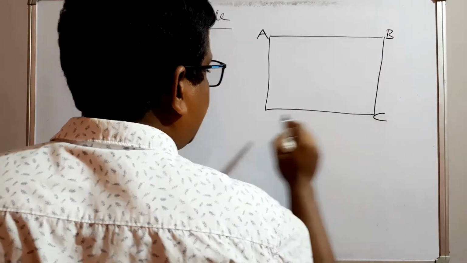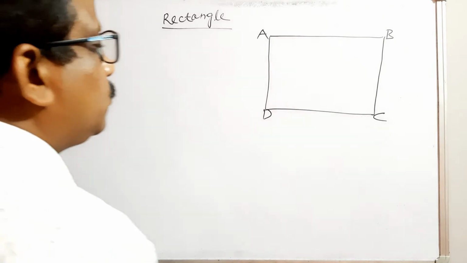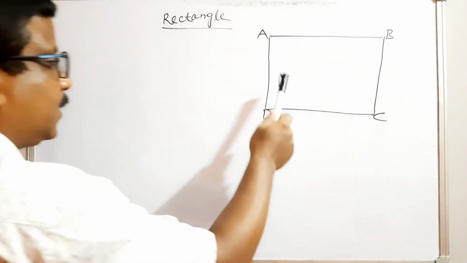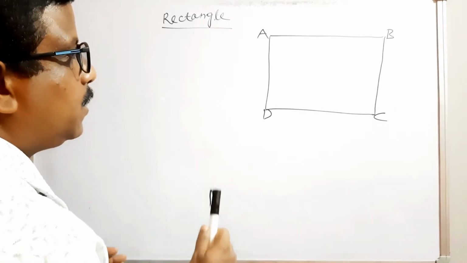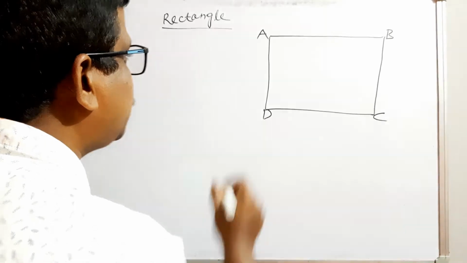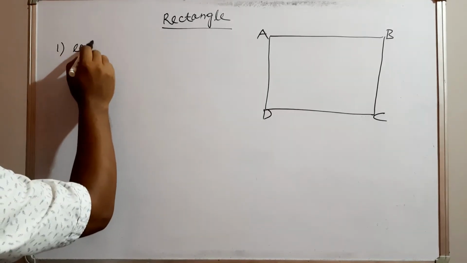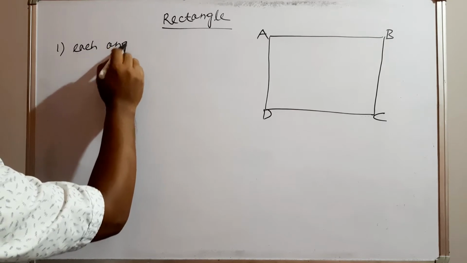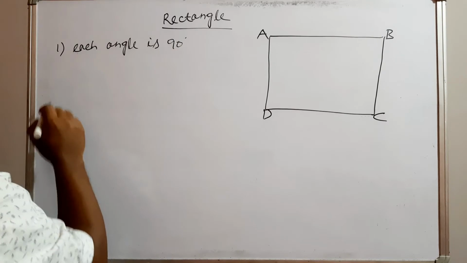ABCD is a rectangle. I have told you a rectangle is also a parallelogram, so a rectangle satisfies all the properties of the parallelogram. After that, a rectangle has some extra properties. In a rectangle, each angle is 90 degrees.